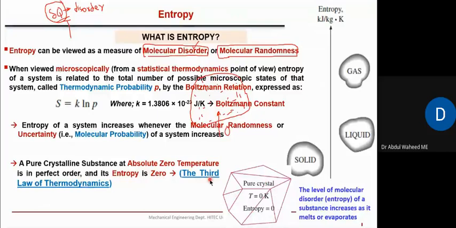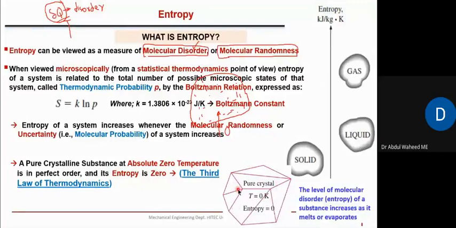That's why we do not quote it in practice, because it is only about absolute zero, which is not achievable practically. So we do not refer to the third law of thermodynamics much in reality, because it is only saying that the entropy of a substance will be zero when it's in a totally ordered state.